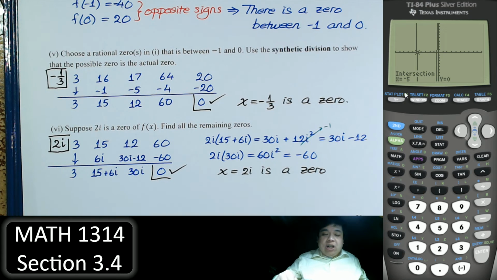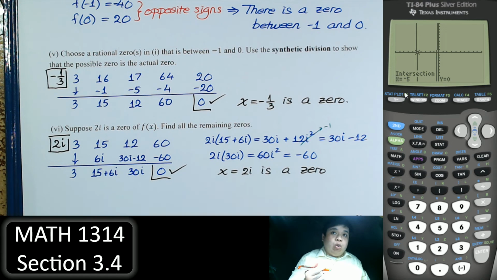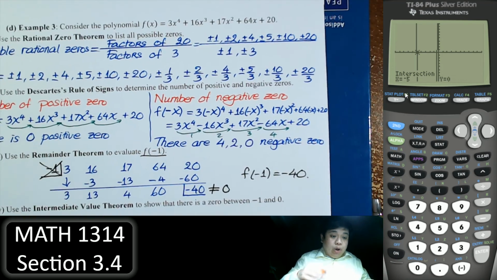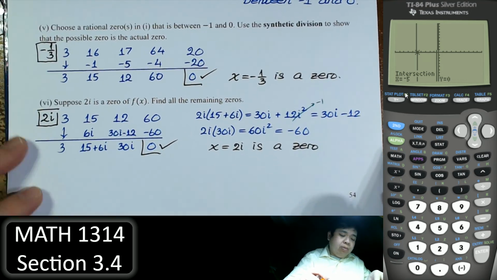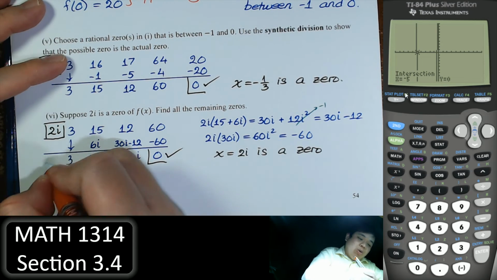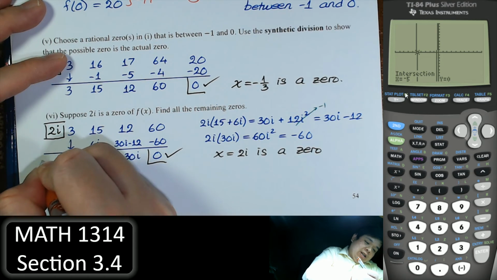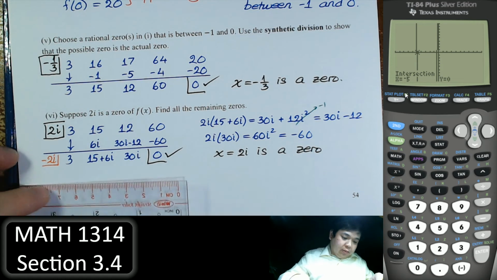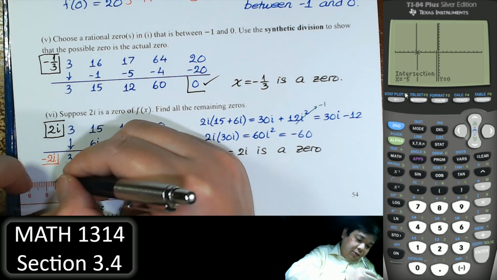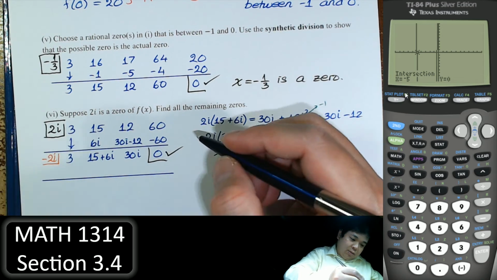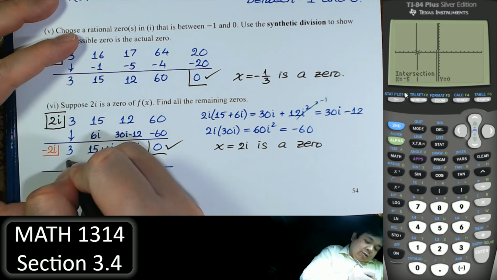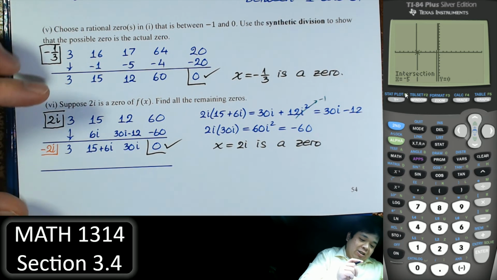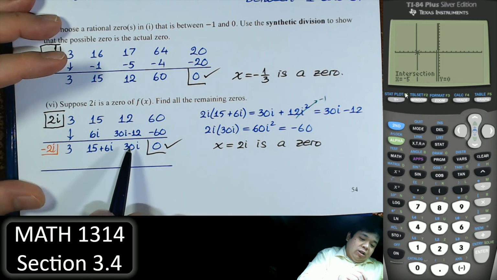Now, one theorem we had earlier: imaginary solutions come in pairs if we have real coefficients. We do have real coefficients. So the negative 2i will also work. So now try negative 2i. If it works, we just keep going with the quotient.